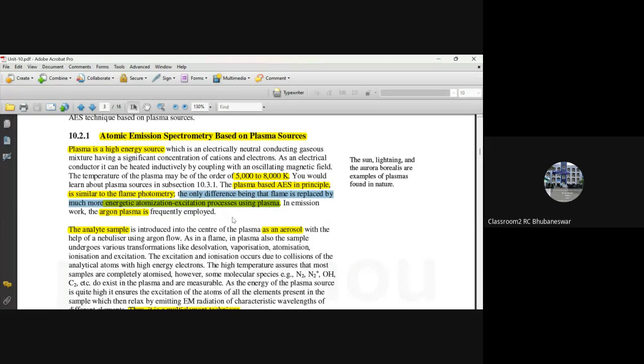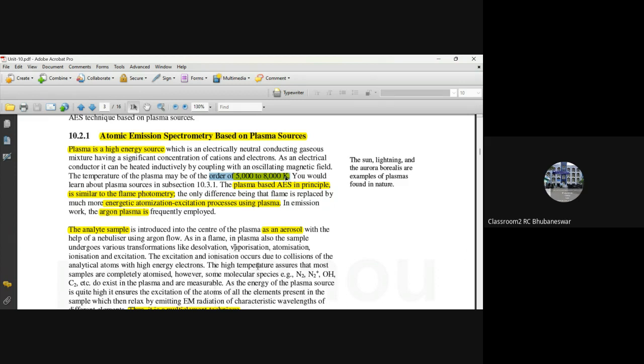This is the only difference between flame photometry and atomic emission spectrometry based on plasma sources. Here you are changing the source to plasma because you can maintain the temperature for elements that atomize above 5000 Kelvin.